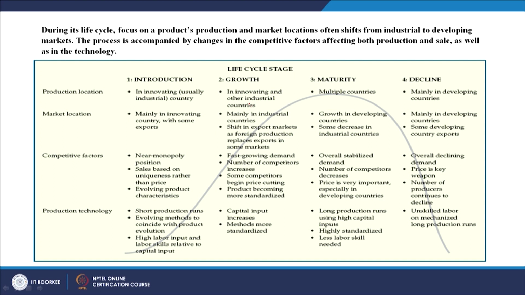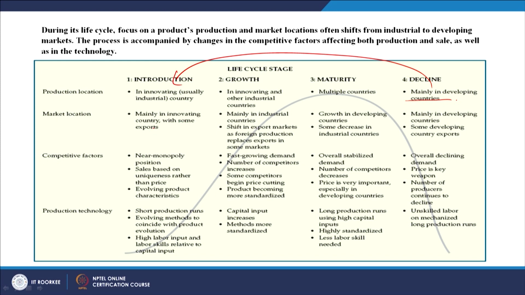Now, it shifts to the other industrial countries. From there it goes to multiple countries. Now, more number of countries, the developing nations are also slowly coming in. Decline stage, now it is becoming mainly in the developing nations, right, and from the developing nations now this will get exported to the developed nations, mainly the innovating country, with some export.